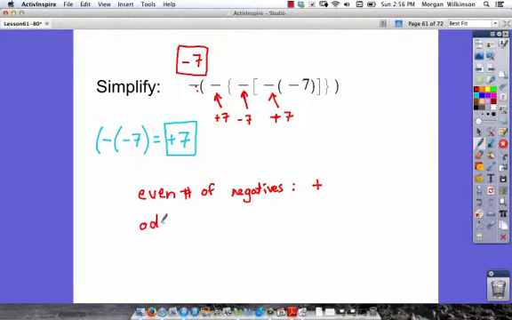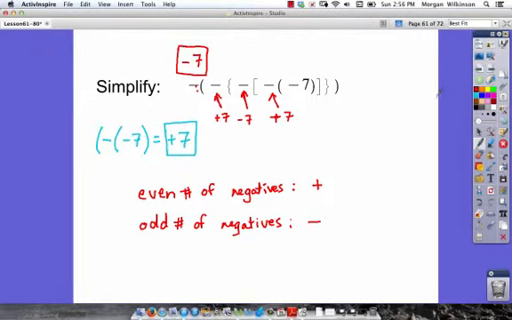And if we have an odd number of negatives all right next to each other in a row, that must give us a negative answer, as we saw right here. So you could always work with opposites like we did in the beginning, or you could remember this rule to help you just count and figure out if your answer will be positive or negative.